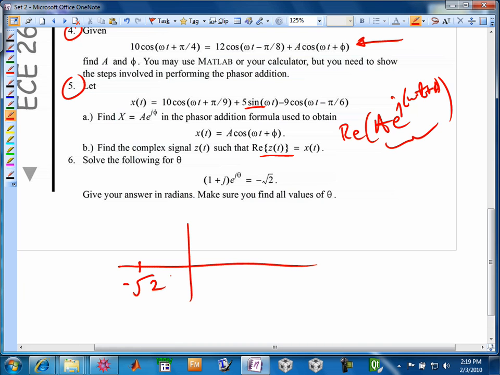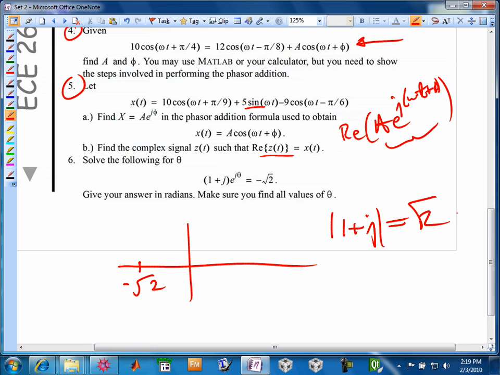What's the magnitude of 1 plus j? That's a complex number, right? So what's the magnitude of 1 plus j? The magnitude is the square root of the sum of the squares of the real and imaginary parts. So what is it? Okay, so the magnitude is sitting at square root of 2, but there's an angle associated with that number.